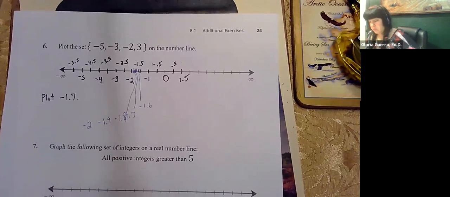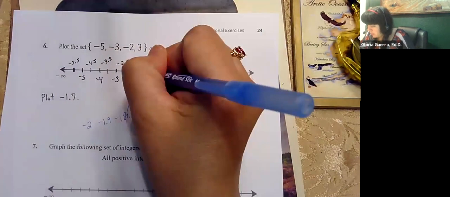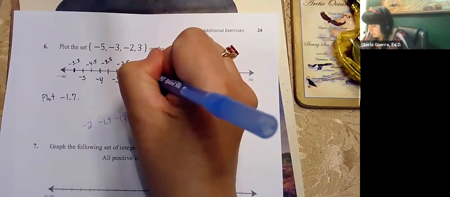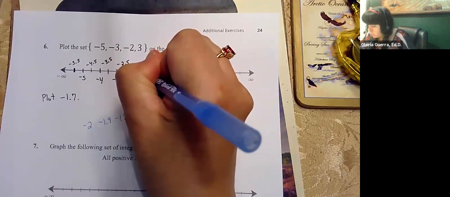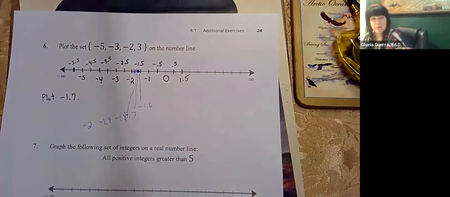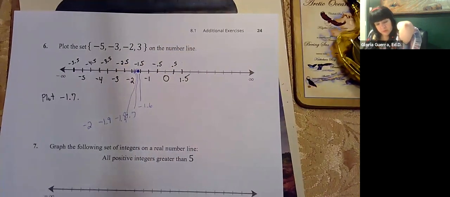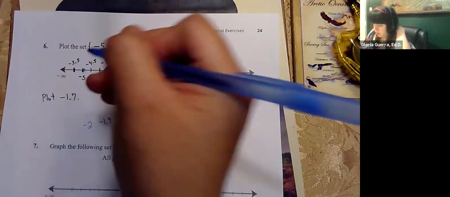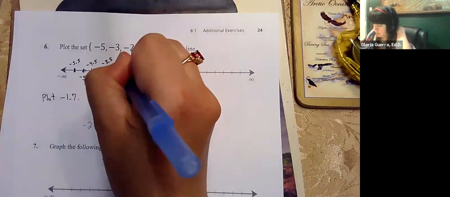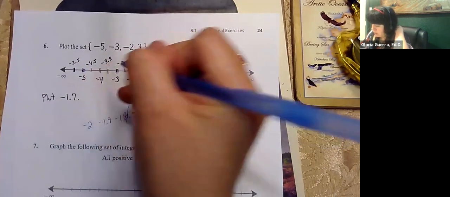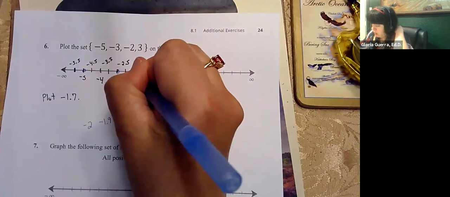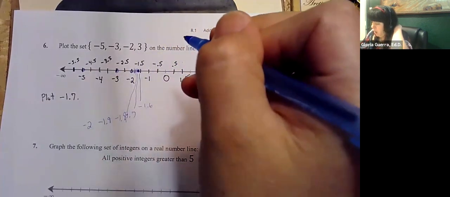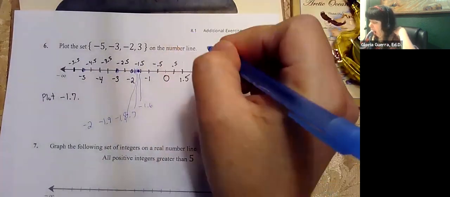And so if I wanted to plot negative 1.7, we could say it would be about, maybe about right here. Right there, okay? And then the other numbers are easier to plot. Like they want you to plot negative 5 and negative 3, negative 2, and then 3.